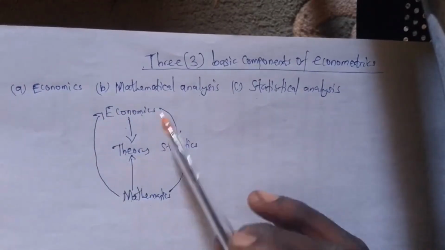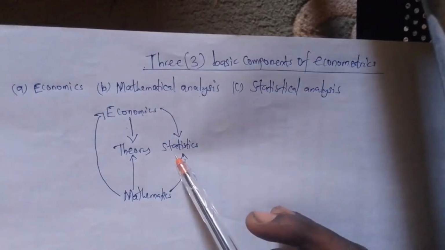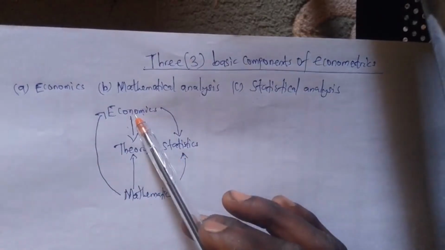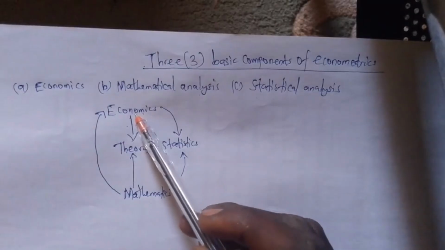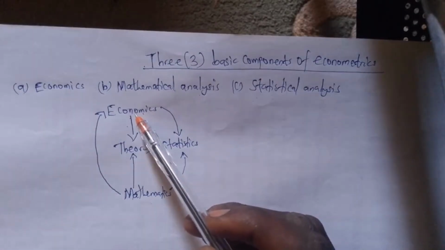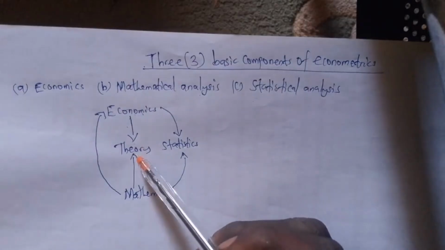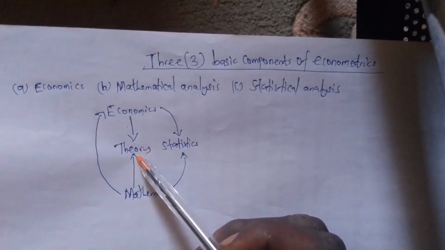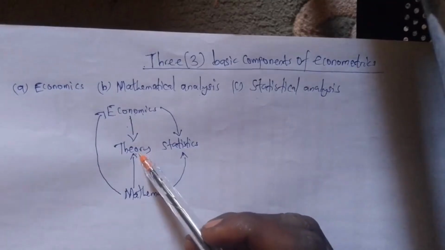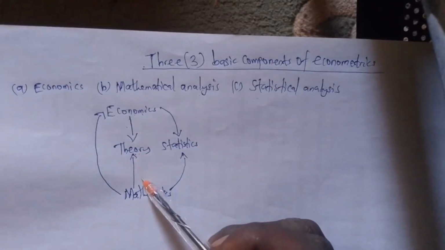Look at the diagram I drew for you here. You can see economics at the top. From economics we get theories. For example, the theory that more fertilizer increases rice yield up to a point. And then from theory we move to mathematics.